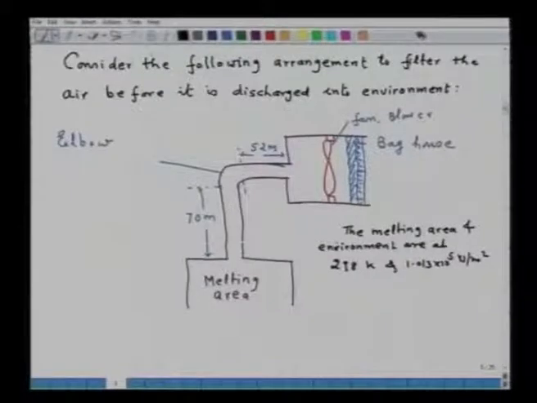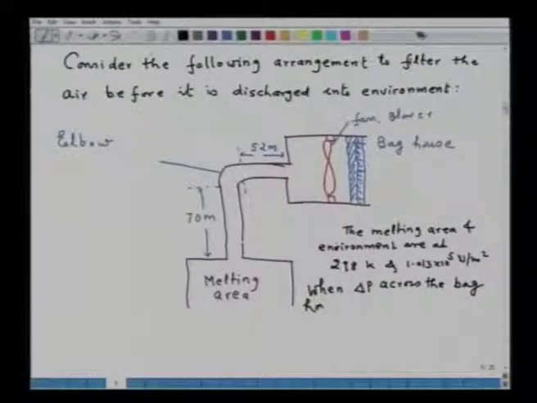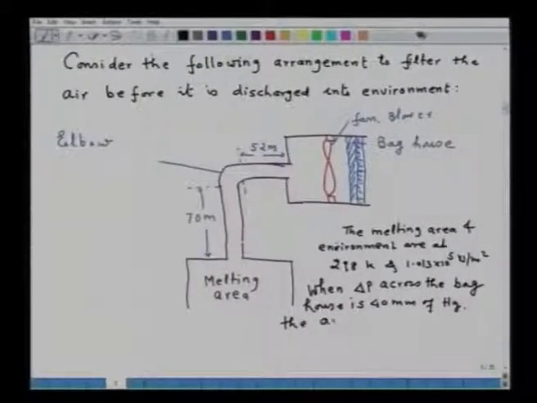Now, it is also given that when delta P, that is the pressure difference across the bag house, is 40 millimeter of mercury, the air flow rate is 58.2 meter cube per minute.